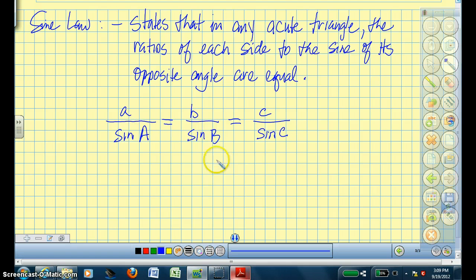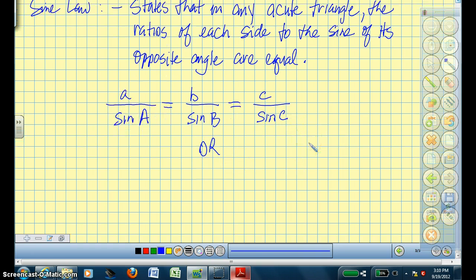You can also take the reciprocal of the sine law, you can reverse everything, and it would simply be the sine of angle A divided by side a equals the sine of angle B divided by the side length of b, which is also equal to the sine of angle C divided by the length of side c.